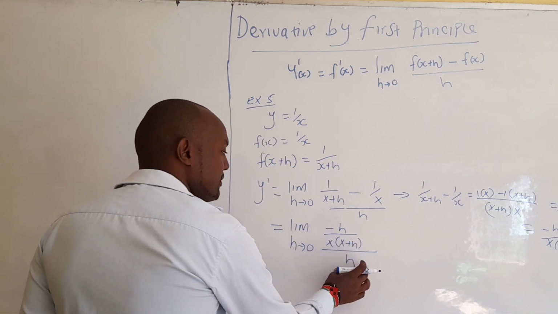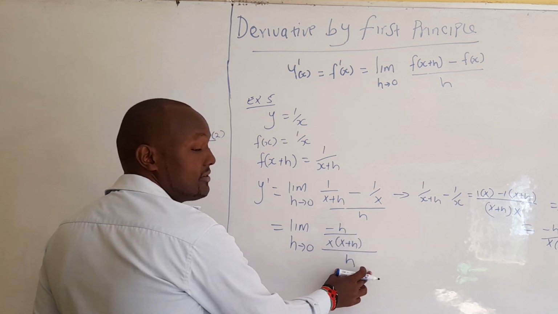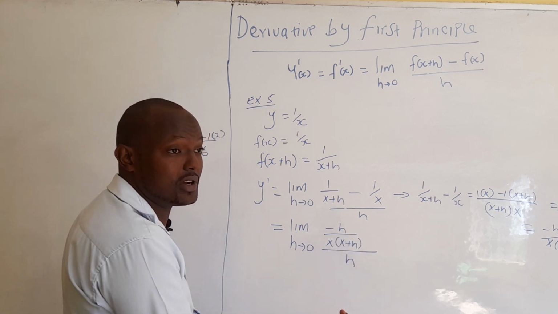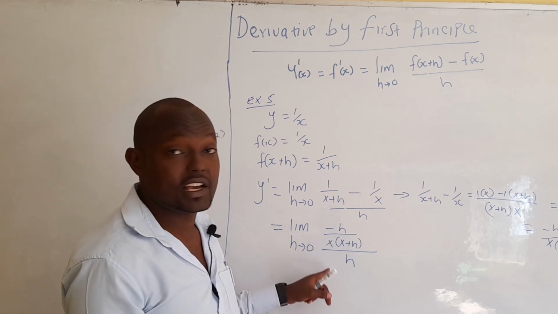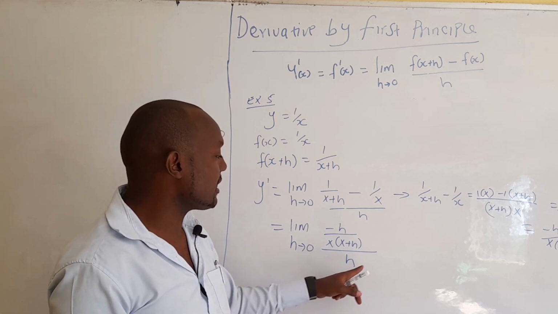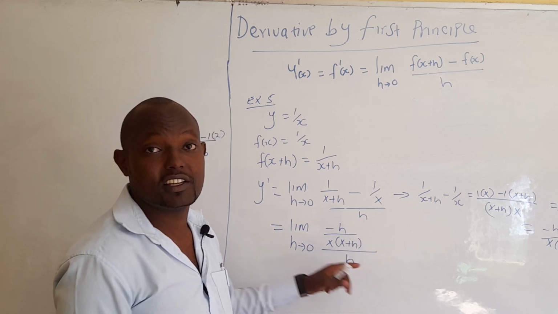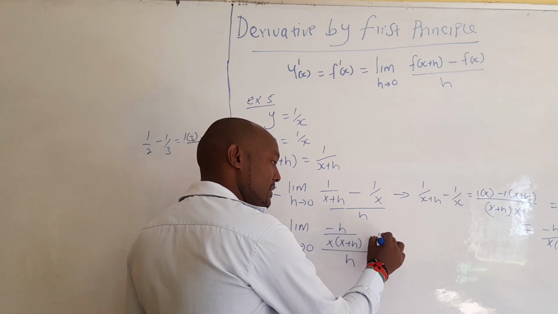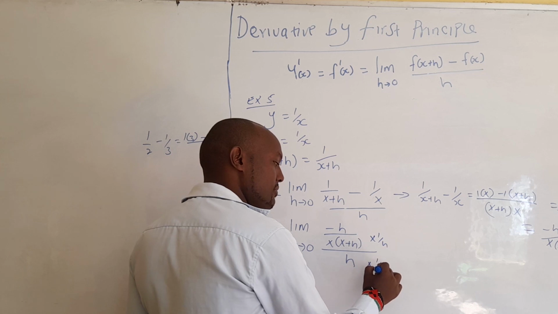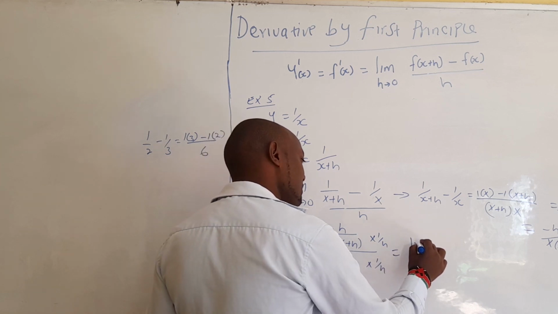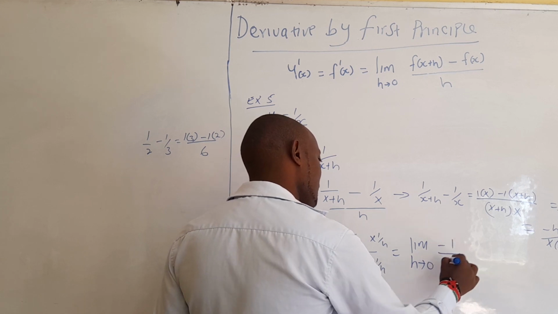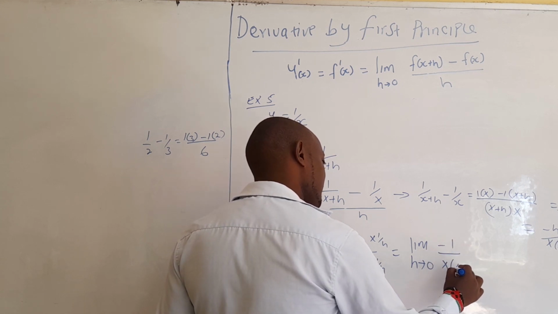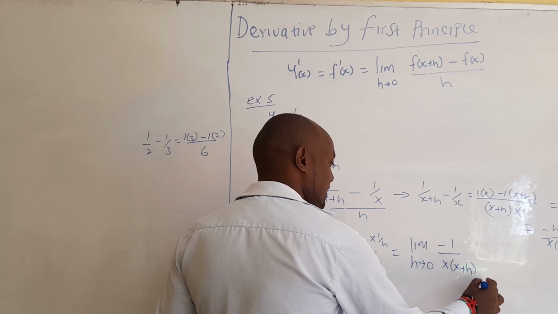Again, simplifying this one, remember you have numerator and you have denominator. I think the h will cancel out. Whenever we are solving this, we can multiply numerator and denominator with 1 over h, so that we will get limit as h approaches 0 of negative 1 all over x plus h all over 1.